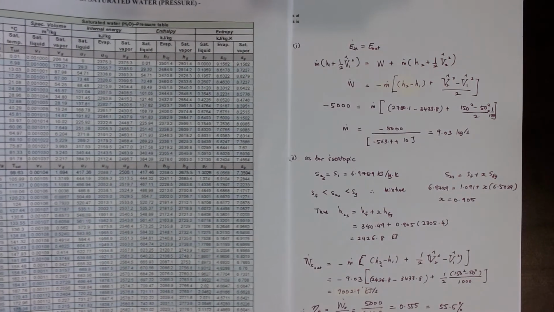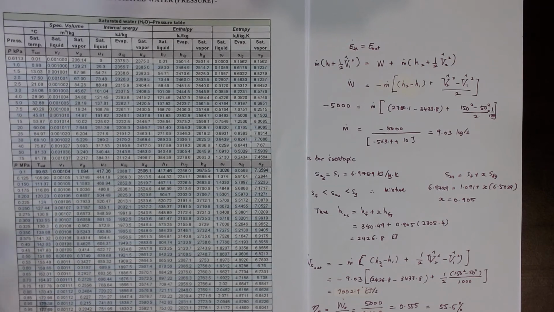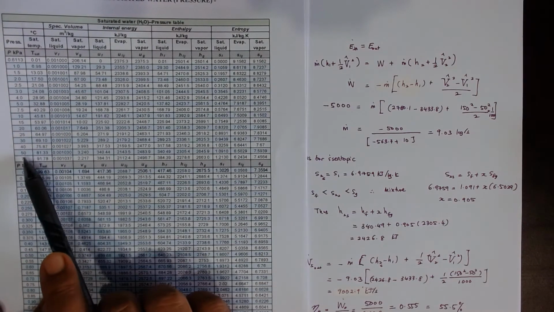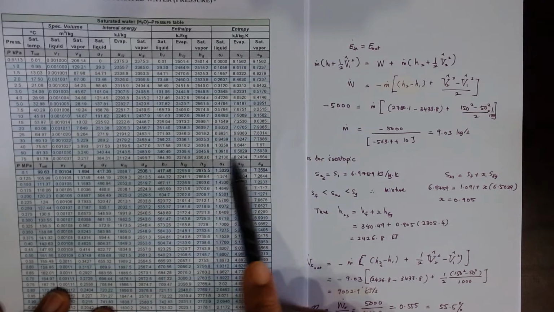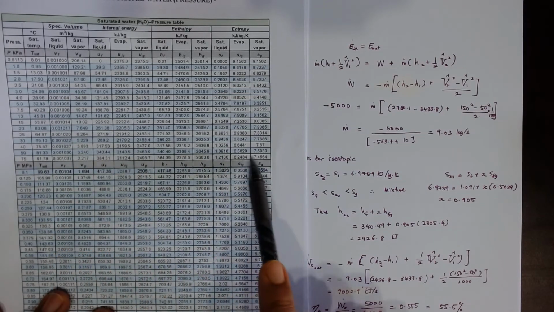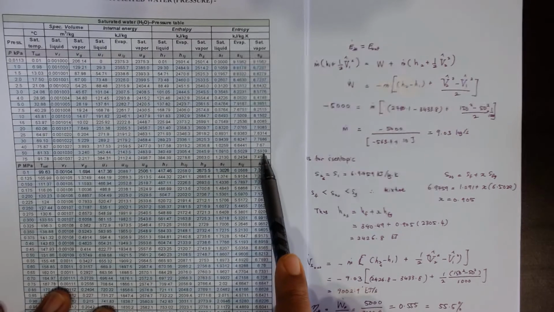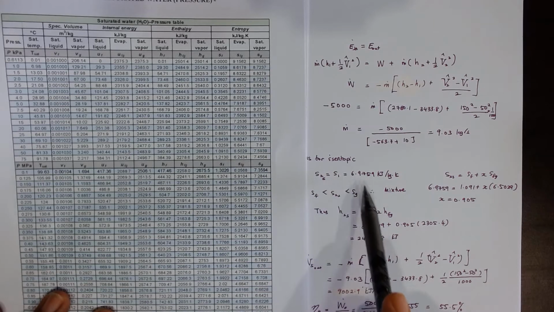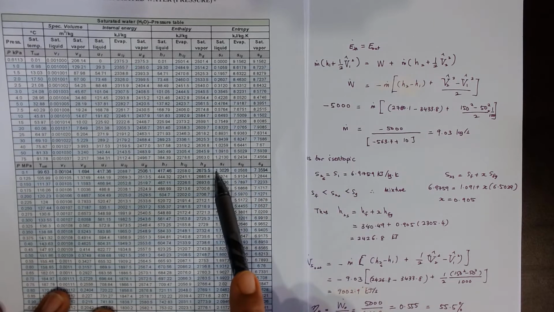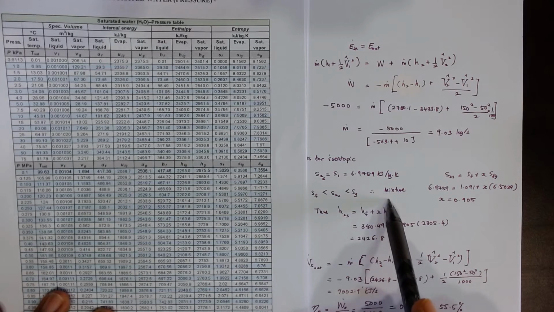Put it here. At 50 kilopascal, sg is 7.5939. The value we have is 6.9759, so it's between sf and sg. So it's a state of mixture.